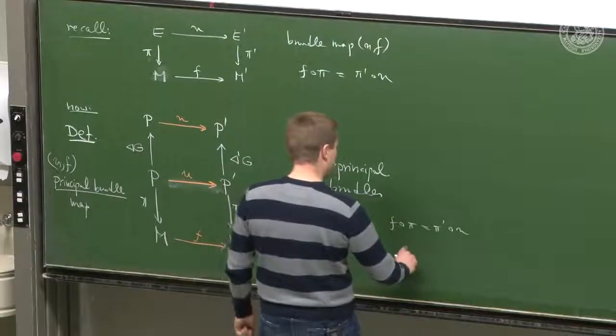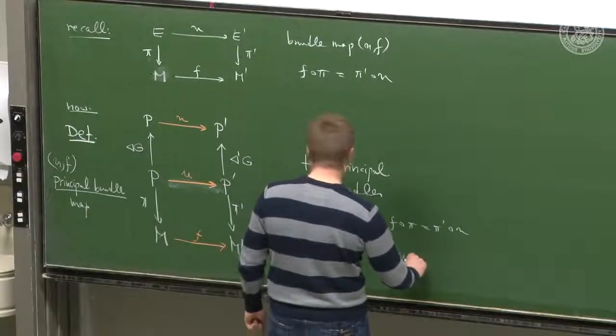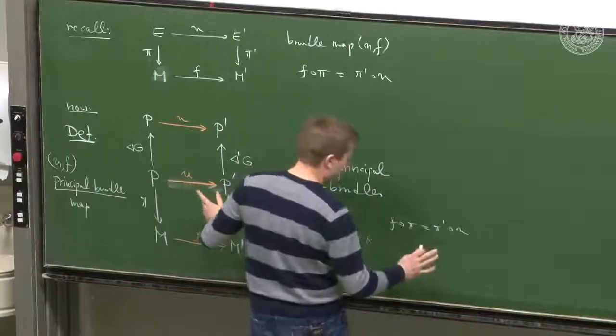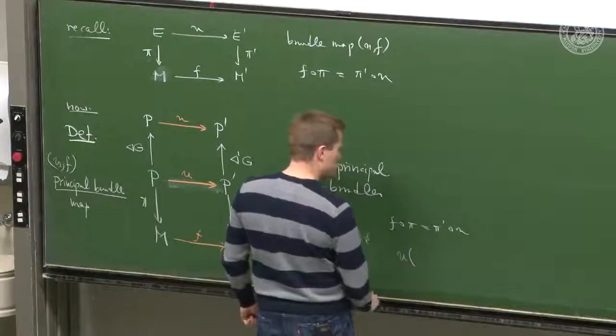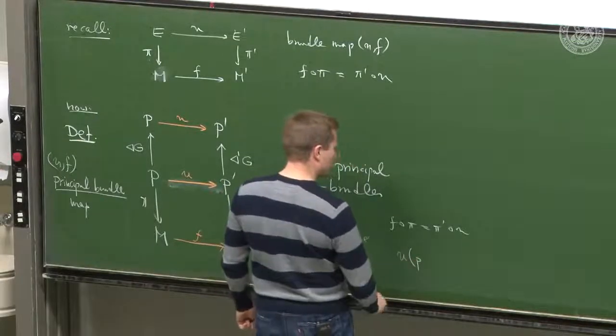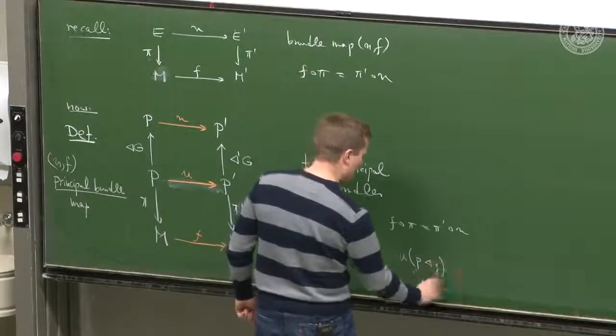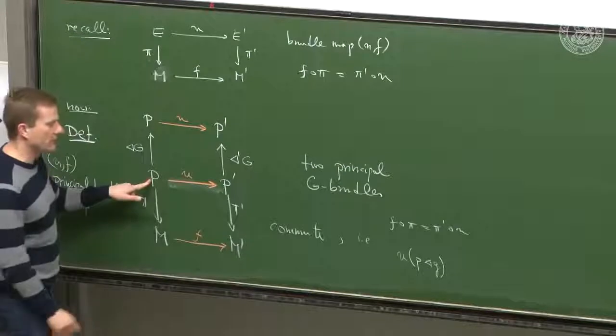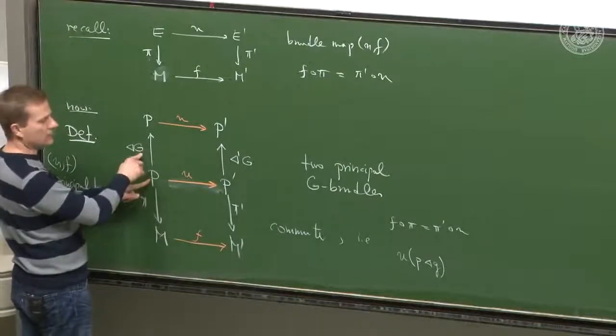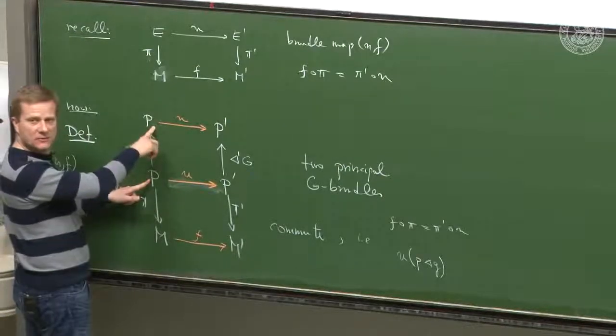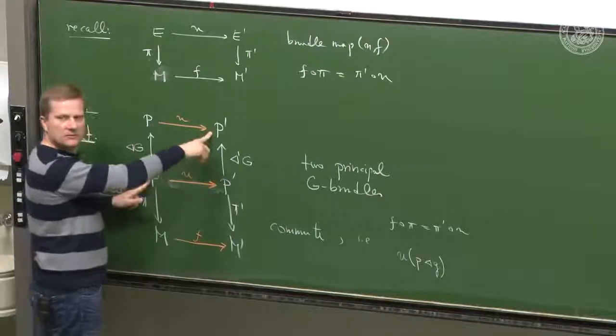So we have that u after the action. Now, in order to write this properly, we say u of a point p on which a group element g acts. So I pick a point p, I act with a particular group element small g, and I get another point here, and then apply the u.